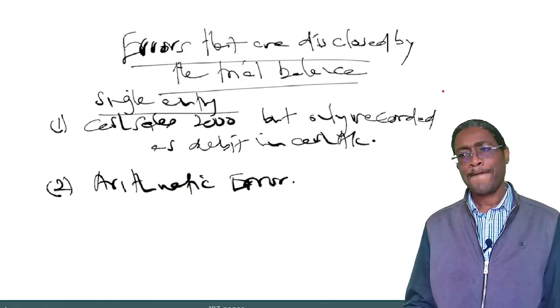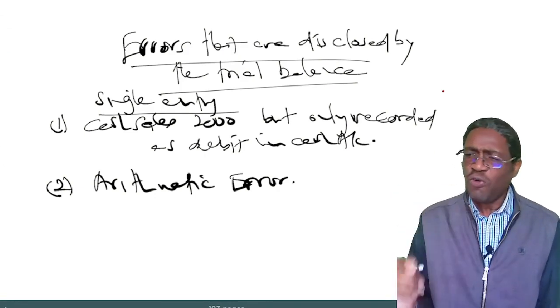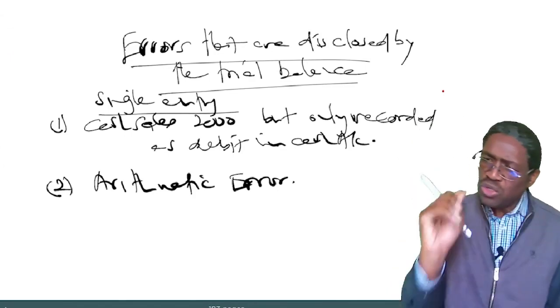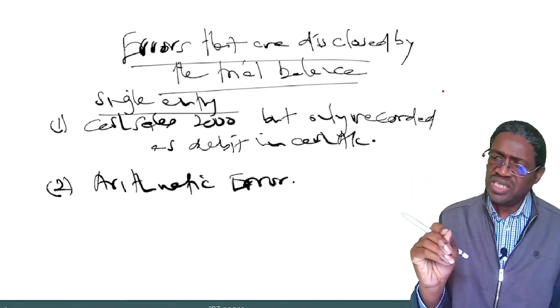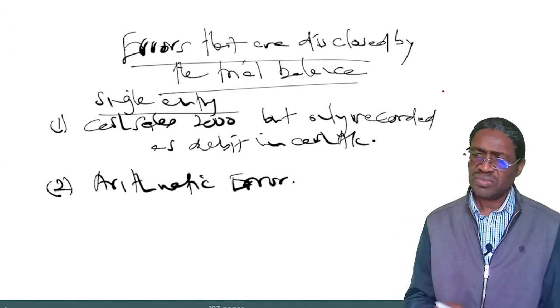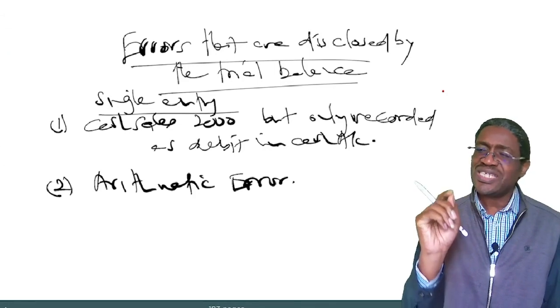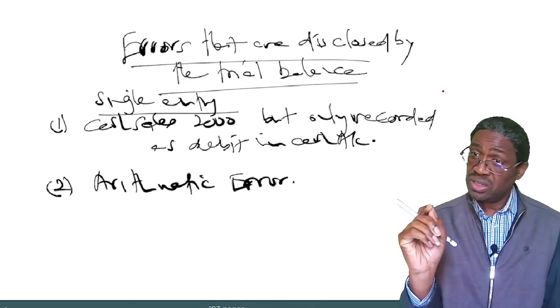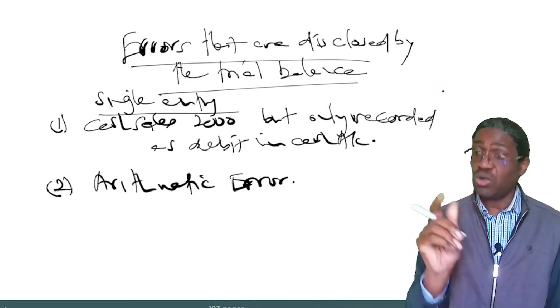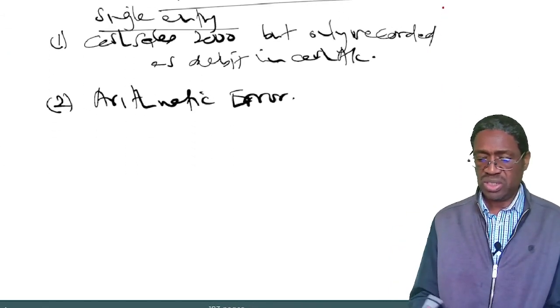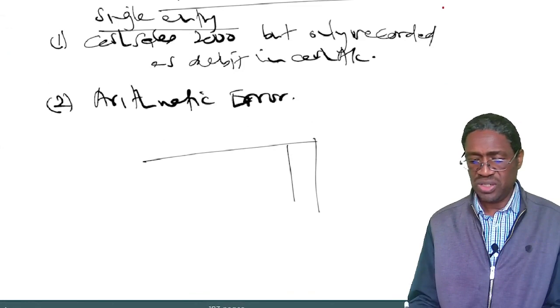Listen. So if one of the day books, for example the sales day book, the total down there is supposed to be 30,000. But let me just assume this is your sales day book.